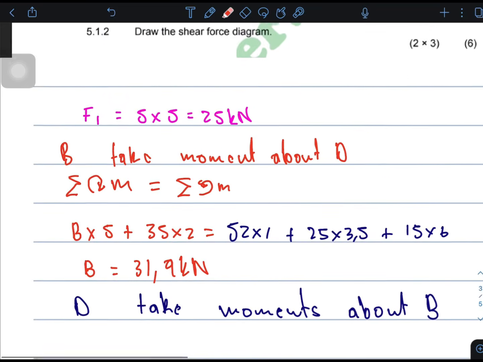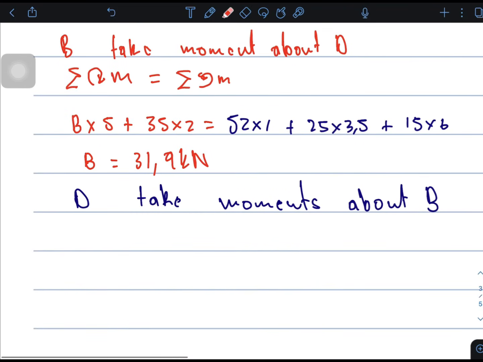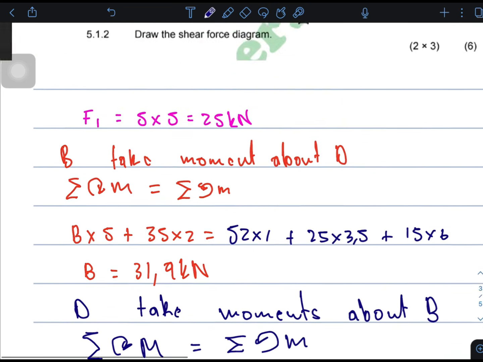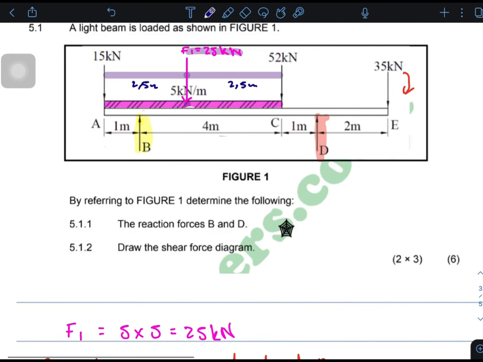We say the sum of the clockwise moments, we are applying the law of moments, is equal to the sum of the anti-clockwise moments. Okay, so if I'm saying B is my turning point, which forces are turning this beam clockwise?